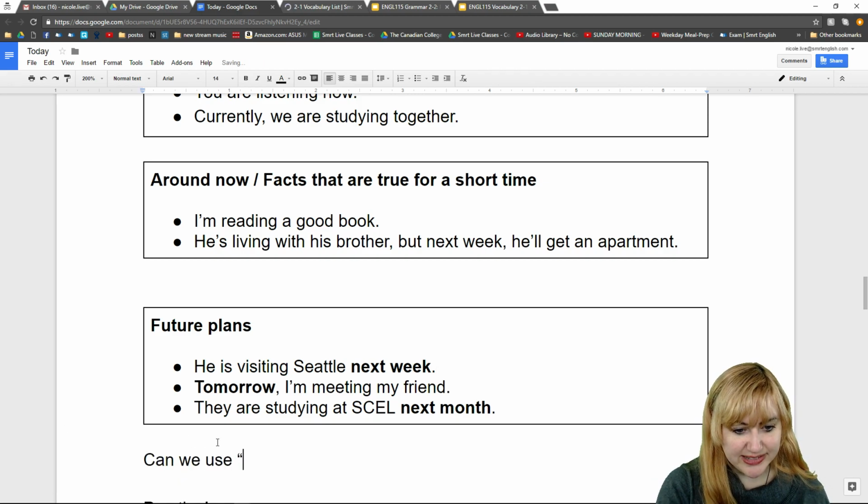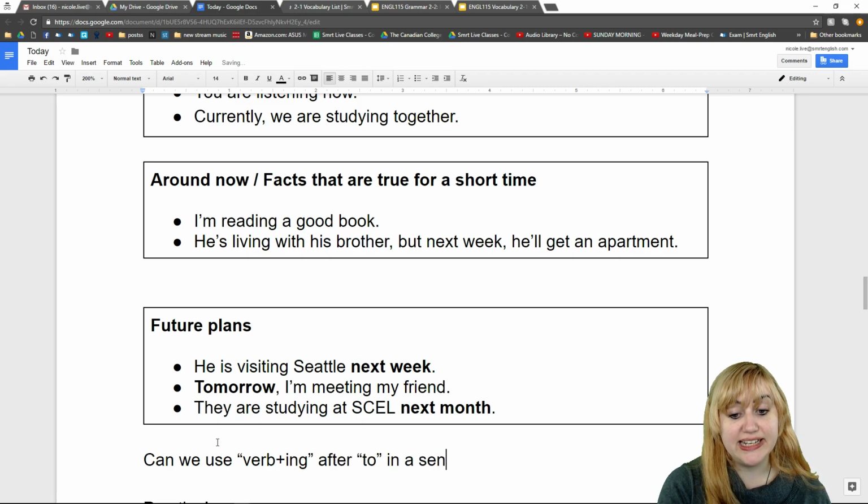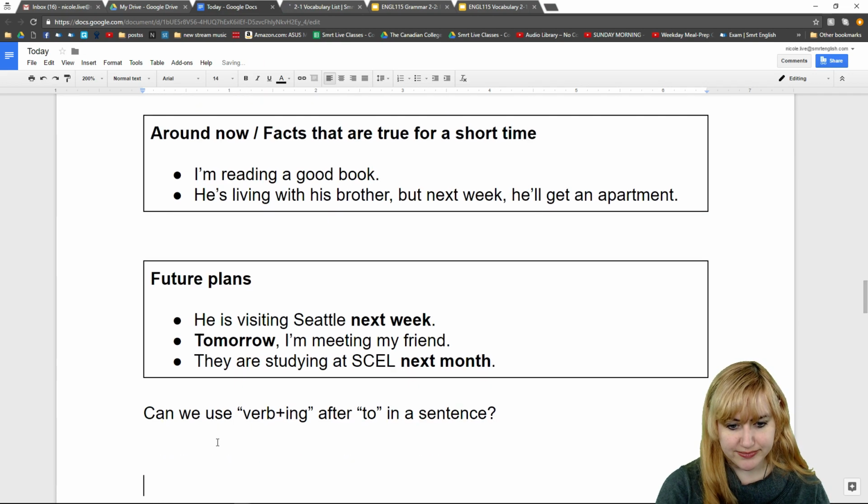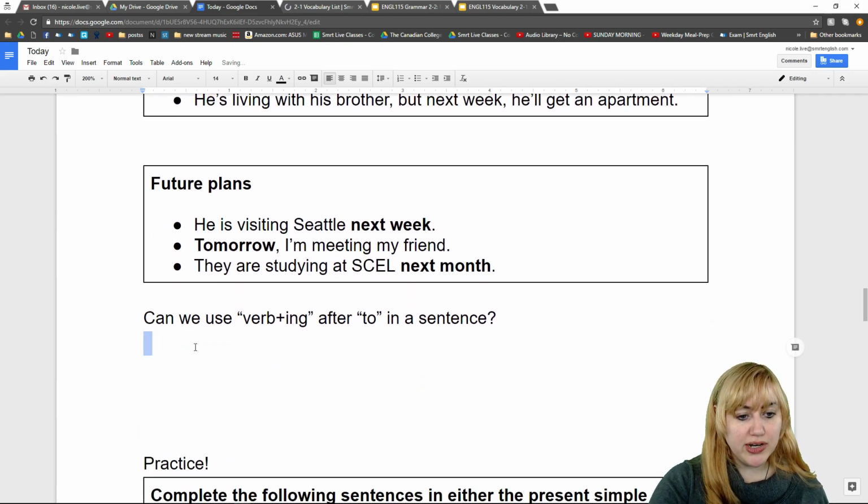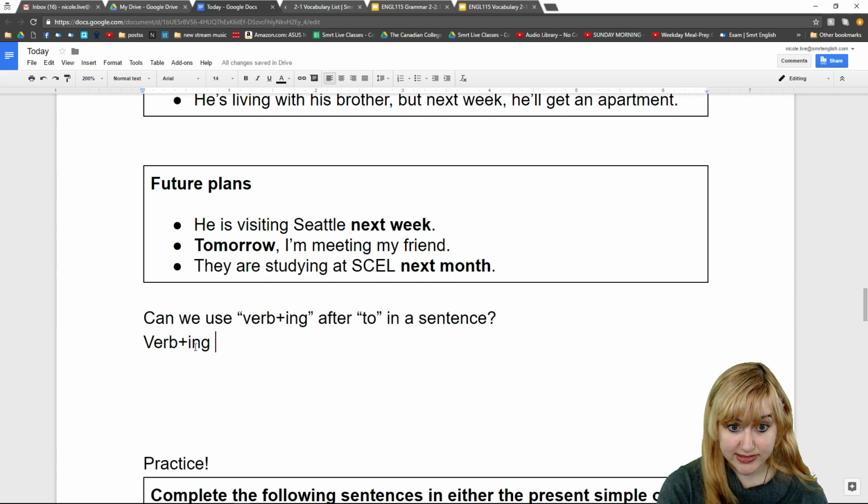Can we use verb plus ing after to in a sentence? And this actually brings up a very, very good point that I want to talk about. So before I answer that, I want to point out that verb ing is not always continuous.